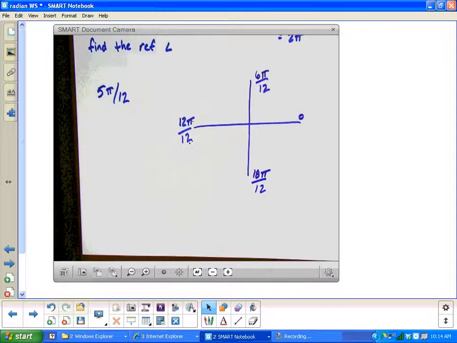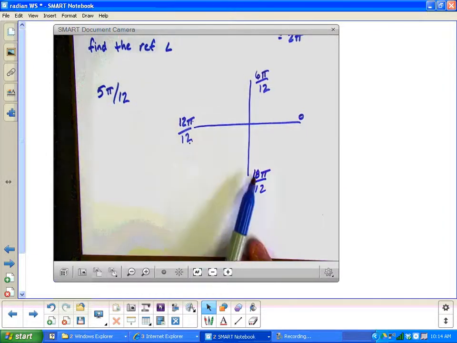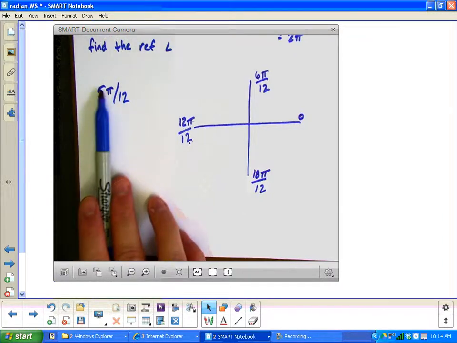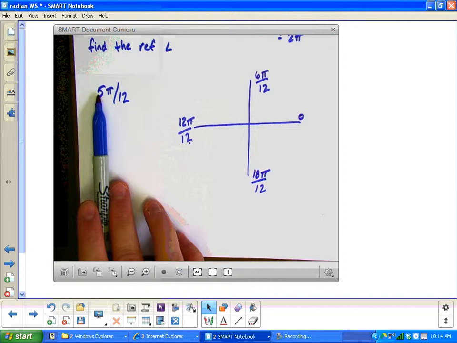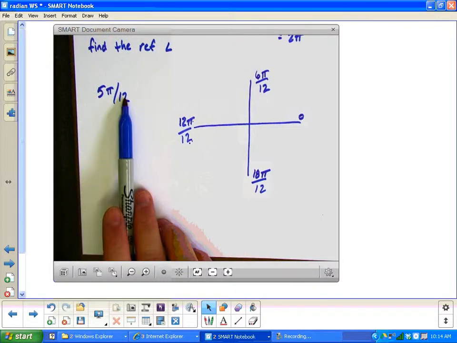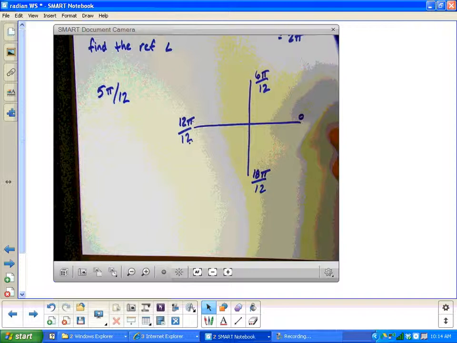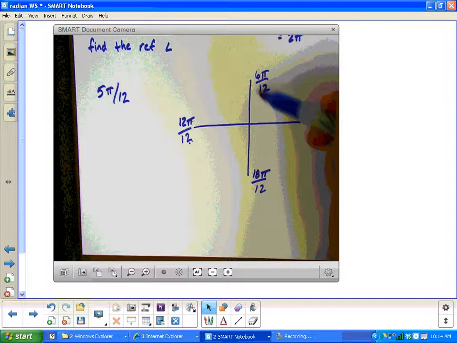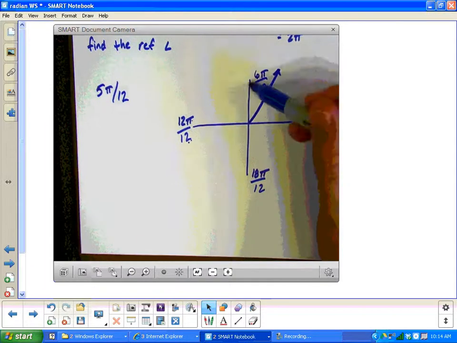Now that we've got these to go by, we should be able to figure out where this one would be. If this is 6 pi over 12, where would 5 pi over 12 lie? Which quadrant? The first. It would be closer to the y-axis than the x-axis, because it's only pi over 12 away, so it would look something like this, probably a little bit closer.